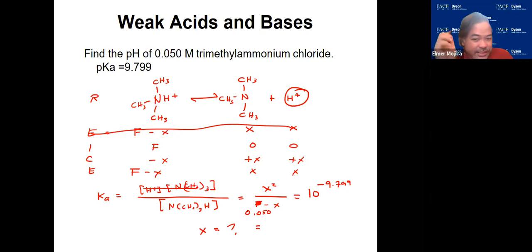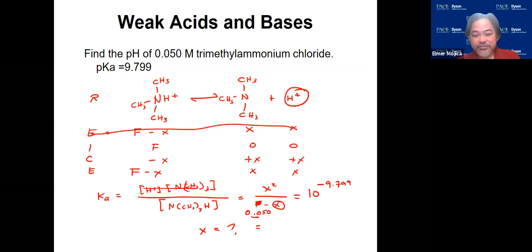So you cannot make an assumption now that this is very small compared to that one. In your Gen Chem, you can make that assumption that the X value is so small that 0.05 minus X is still 0.05. But here, as much as possible, you cannot do that.